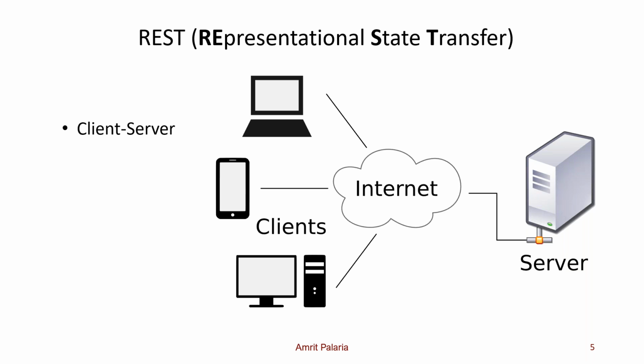And so what's going on is we have a server which is going to provide us the service, and then we have clients who want to avail of that service. And in this case, as we are talking about, the clients want some healthcare data from the server. Essentially, that's what we are trying to do. So they're going to communicate via the internet, right? So that's the base client-server model here.